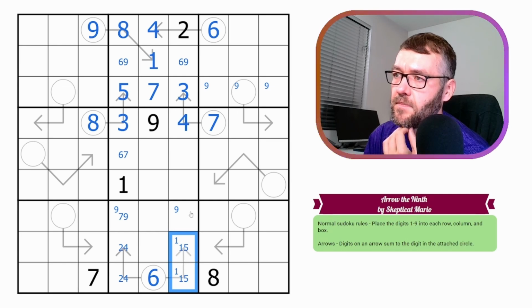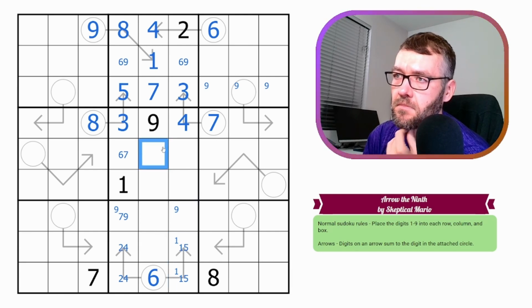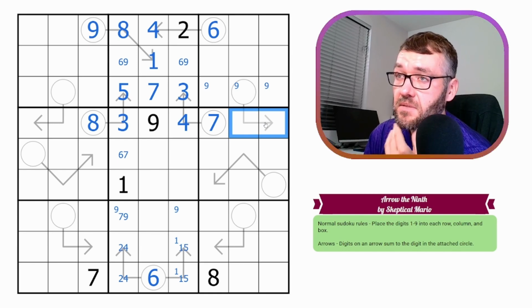That's right. Let's see. We only need 4 more digits for this row. We need a 1, a 2, a 5, and a 6.